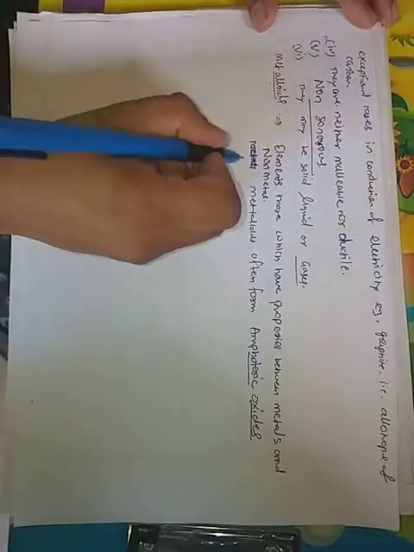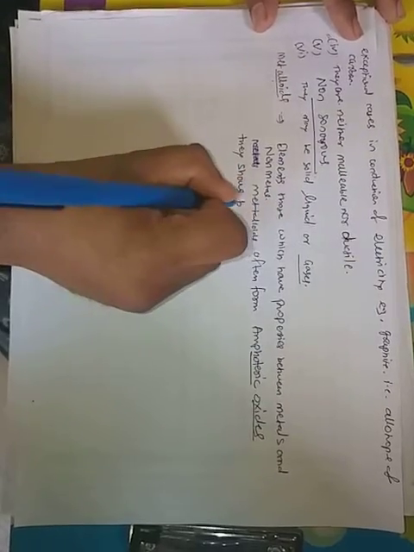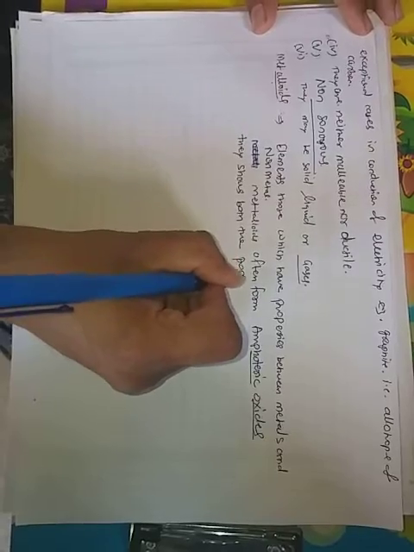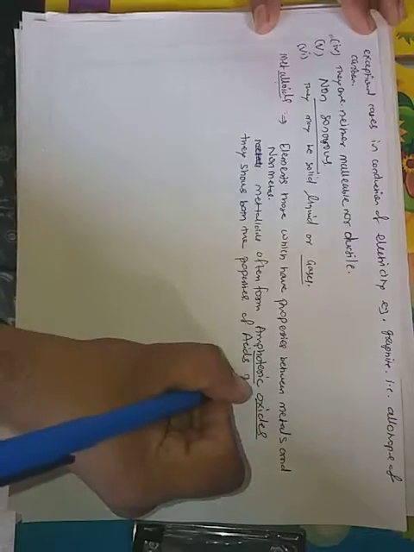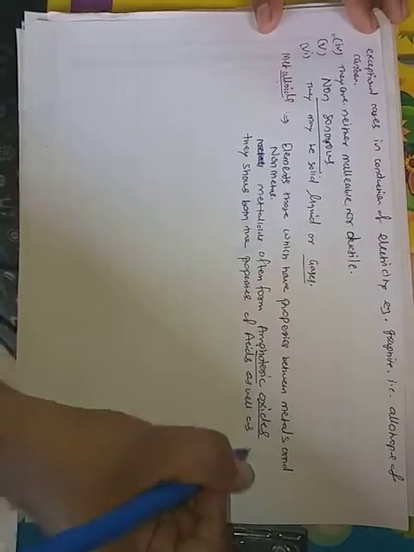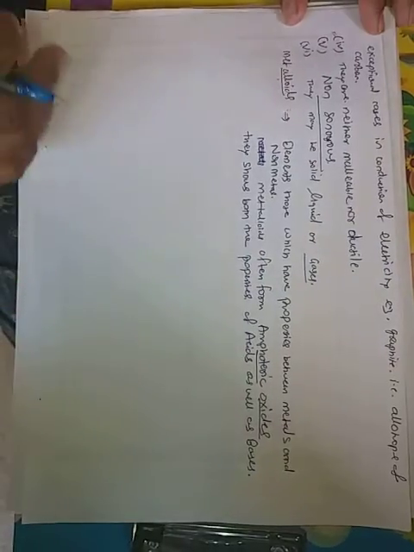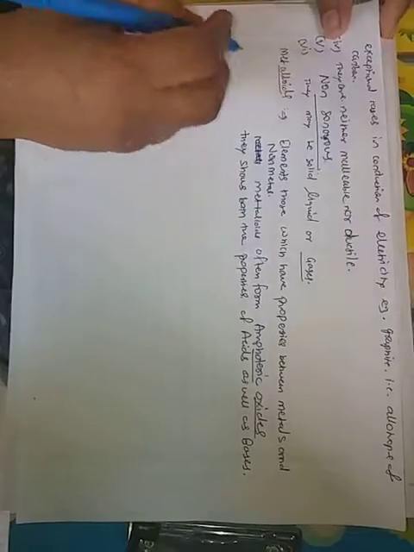Amphoteric oxides means they show both the properties of acids as well as bases, or they will react with acids as well as bases. So after these basic properties of elements, now we will concentrate on compounds.